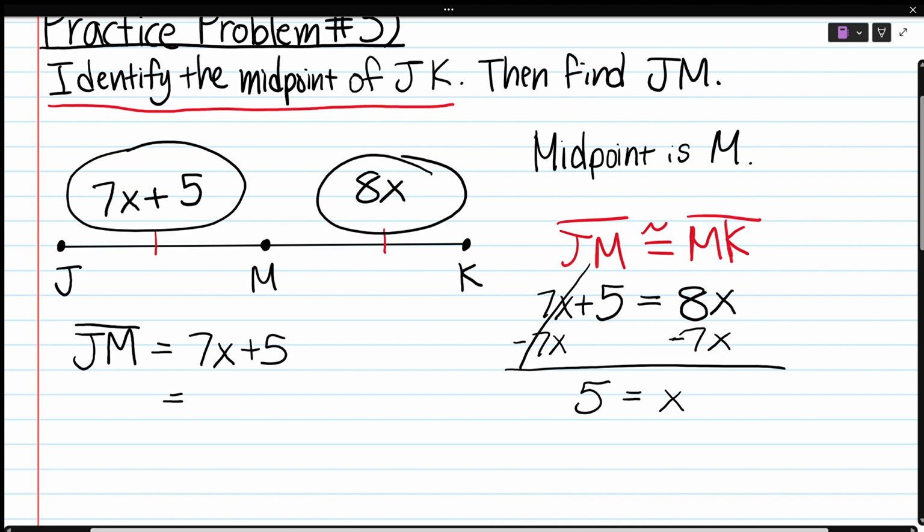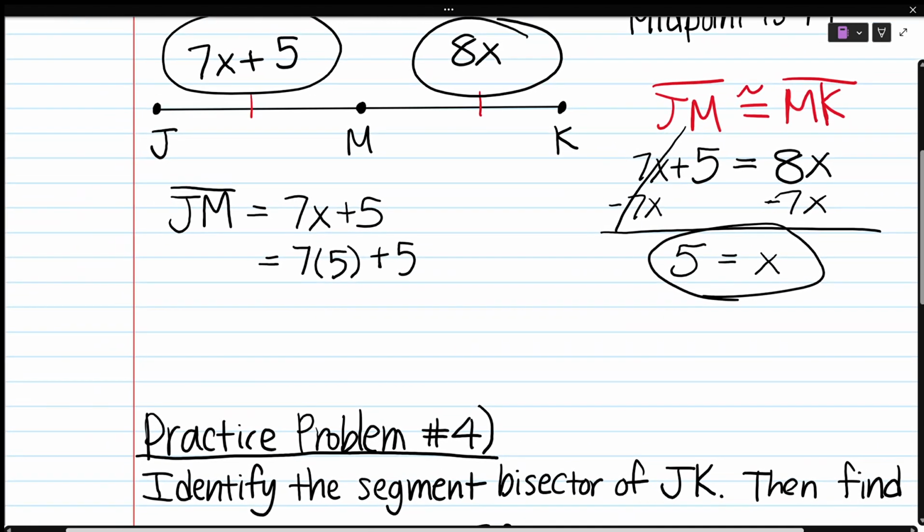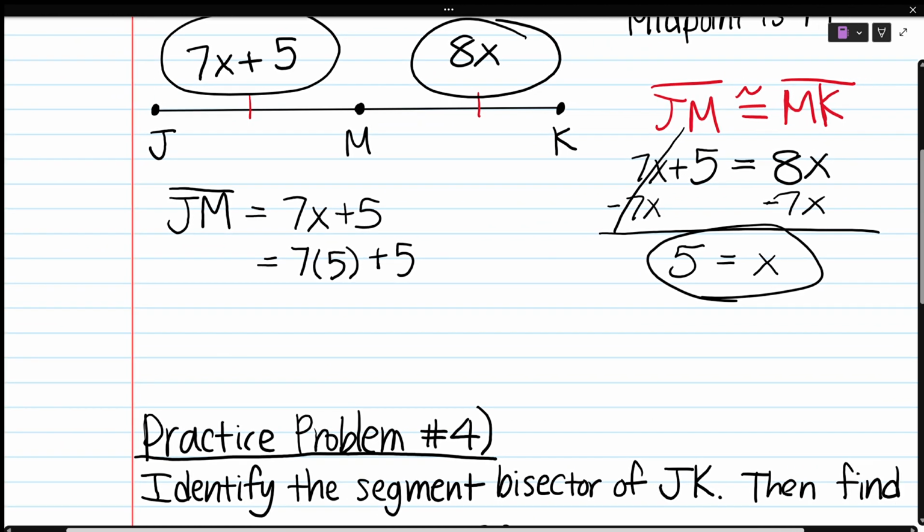Again, we know x is 5, so we're going to plug that in. 7 times 5 plus 5, 35. Okay, you get the idea here. 35 plus 5, which is 40. Okay, so 40 should be your final answer.